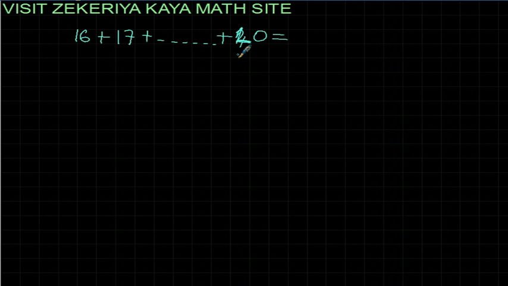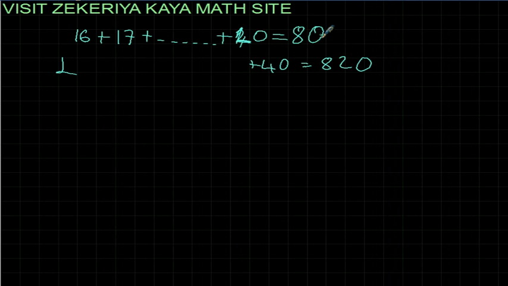As a number, you found a right number, but you missed one thing. These numbers are starting with which number? The number 16. They don't start with the number 1. So from 1 to 40, it makes 820.